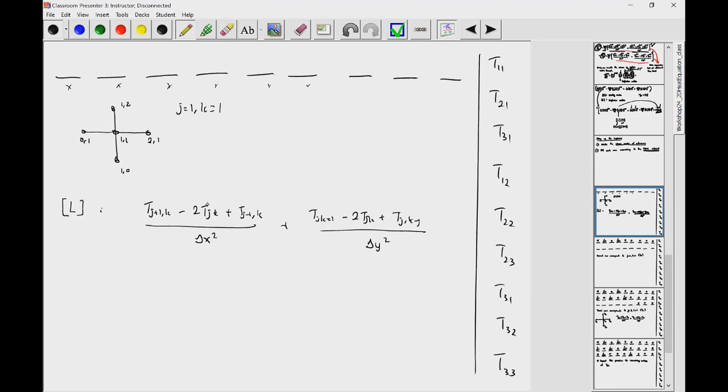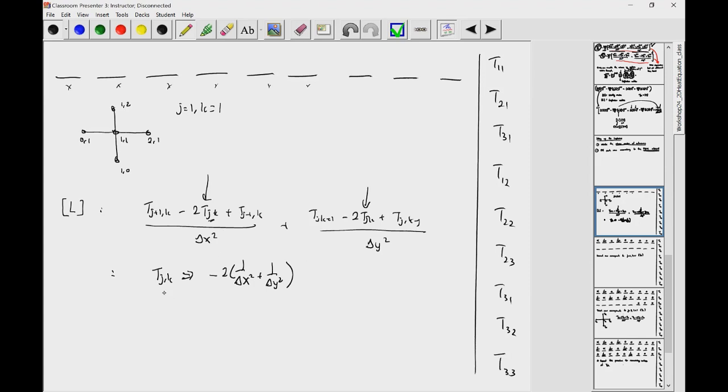You can see you have T(j,k) from these 2 terms. So the coefficient in front of your T(j,k) will be negative 2 times 1 over delta x squared plus 1 over delta y squared, correct?